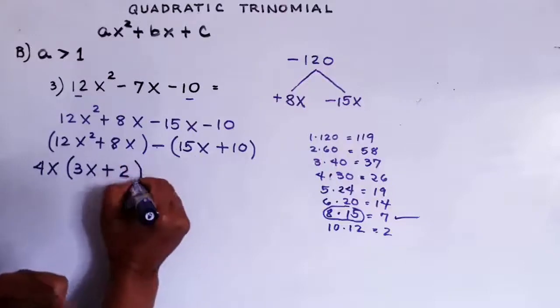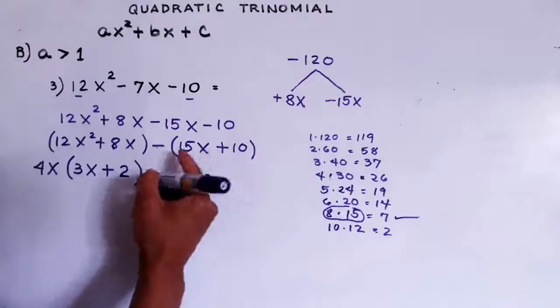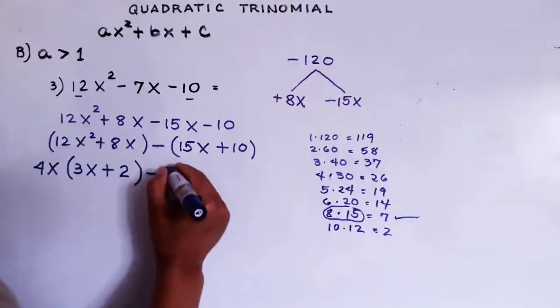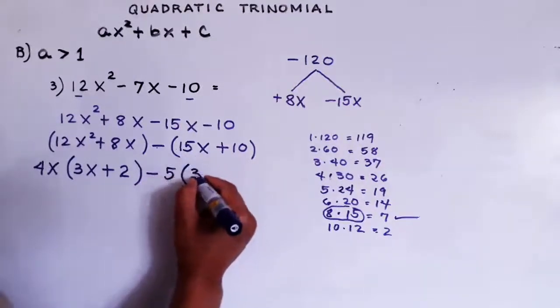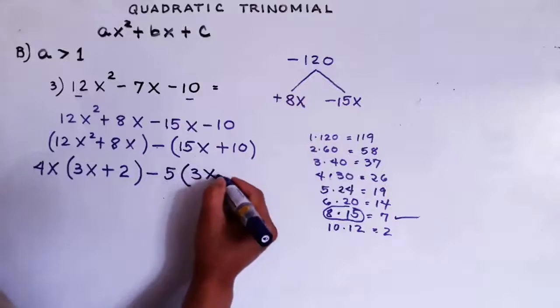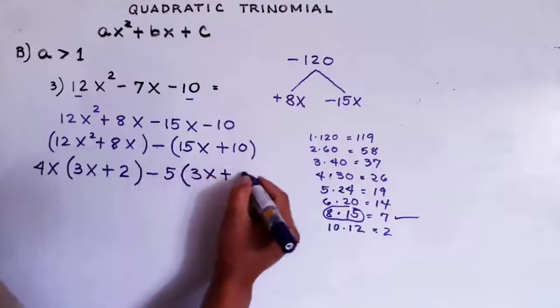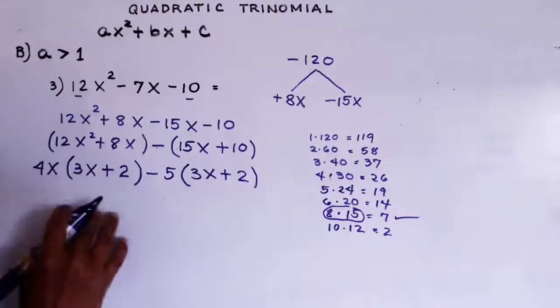So we have that one. Here minus, and what's common to 15x and 10? It is 5. So we remove the 5. 15x divided by 5 will give us 3x. And then plus, 10 divided by 5 will give us 2 here. Now what do you observe here, class?